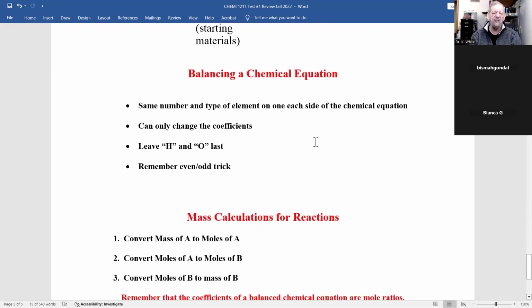Now, important aspect, and it's called conservation of matter. You never destroy atoms when you do a chemical equation. What you do is rearrange them.